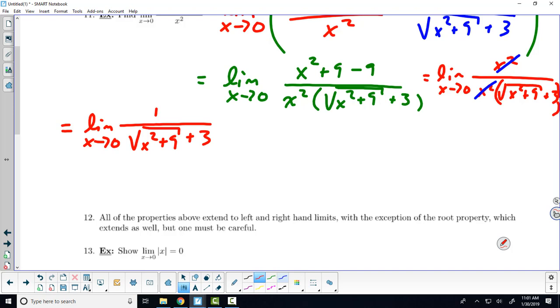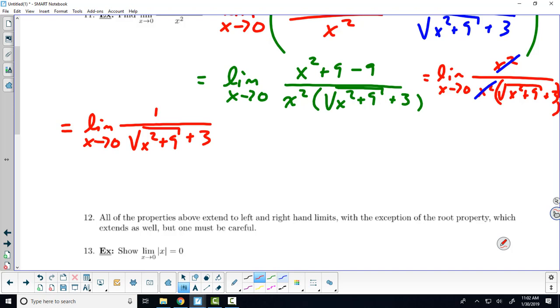Technically here I'm not using the direct substitution property. Technically what I'm going to do is distribute the limit over the quotient and then distribute the limit in the denominator to each of these two terms, and then pass the limit through the square root. Can I pass a limit through the square root? That was one of the properties that I gave you on the previous page.